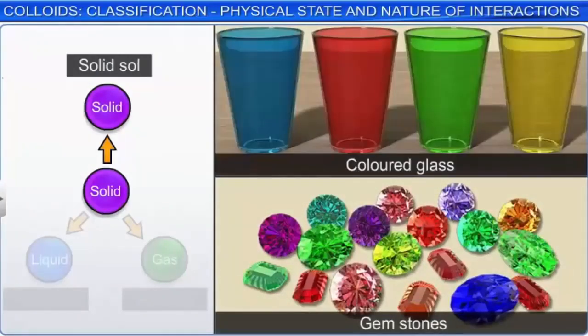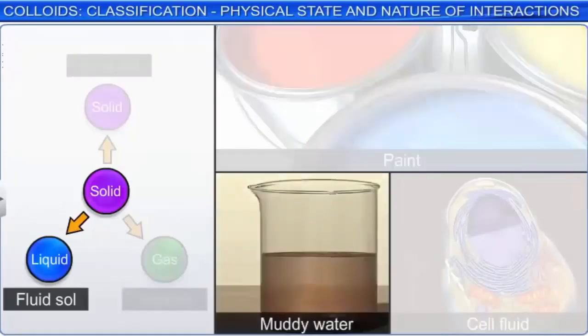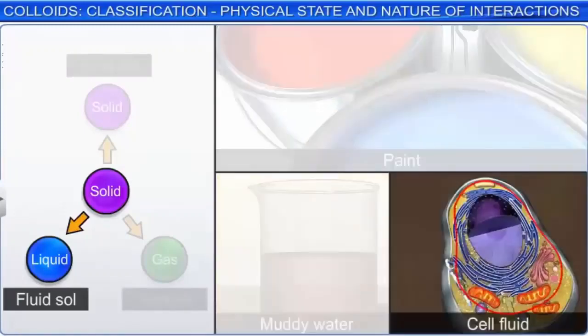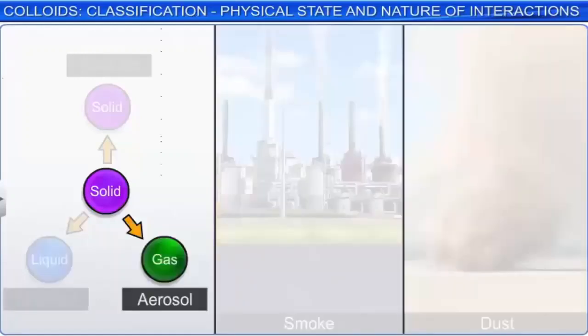Paint, muddy water, and cell fluids are fluid sols. Fluid sols are mostly referred to as sols. Examples of aerosols are smoke and dust.